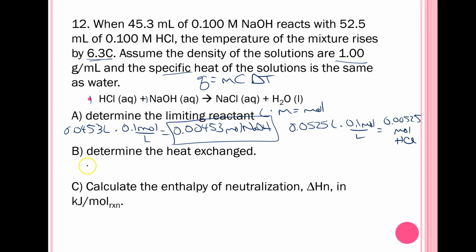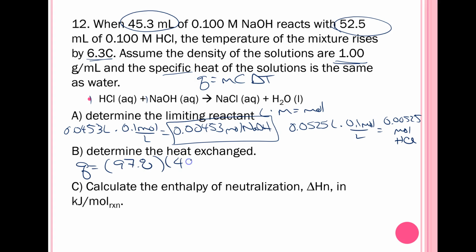Okay? To calculate the heat exchange, Q equals the mass, 45.3, 52.5. I can say that those volumes are the same as the mass because the density is 1. So my total mass is 97.8.